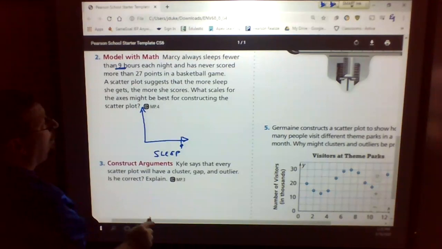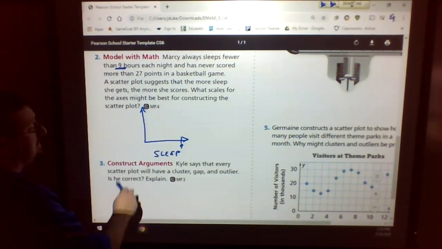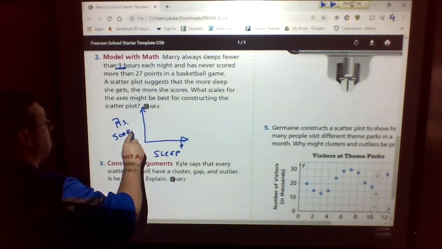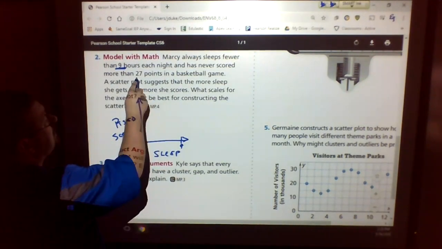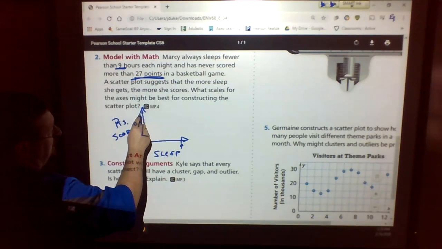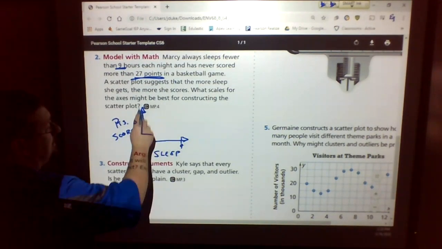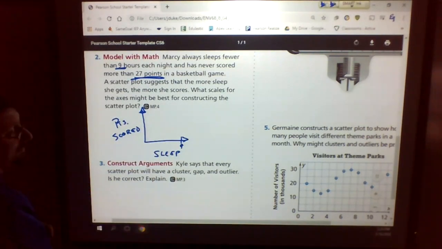Over here on the y-axis, what I'm measuring against the sleep is points scored. The max value there was 27, so I'll put that all the way at the top, knowing I'm never going to go higher than 27, and I'll fill in my data from there.